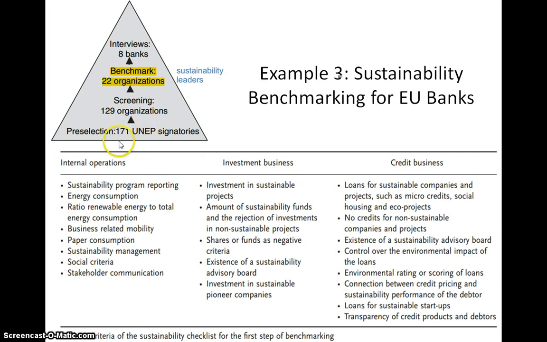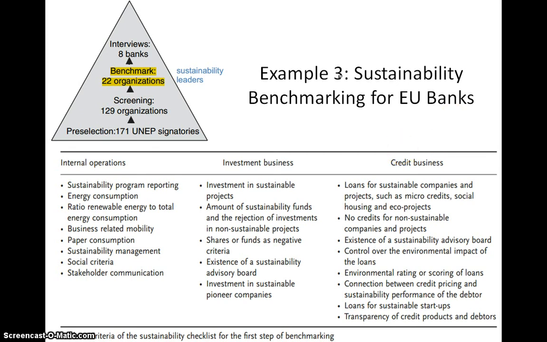They look at all the 171 financial institutions, and they try to establish a lot of sustainability criteria based on whether the bank is energy efficient in their paper consumption, internal operations, and whether you're investing enough in the sustainable product, and how you're doing favorably for the sustainable companies in your credit business.